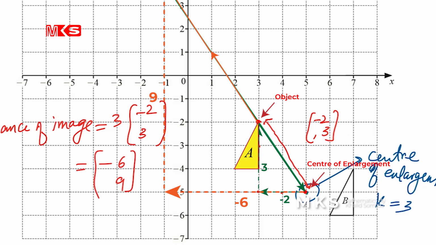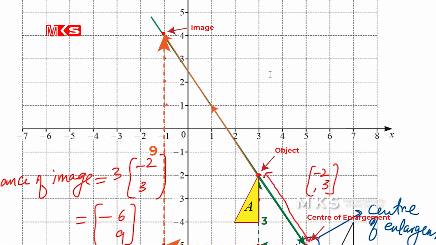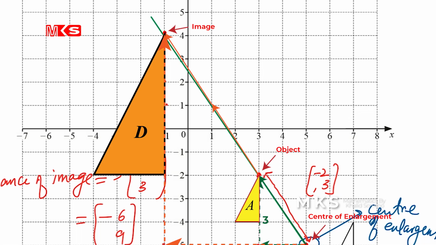So it would be -6, meaning 1, 2, 3, 4, 5, 6, and 9: 1, 2, 3, 4, 5, 6, 7, 8 and 9. Here you can see object, image and center are collinear. By using common sense we can draw the whole diagram, because the diagram will be similar to A and each side will be 3 times. So the triangle will be this one.